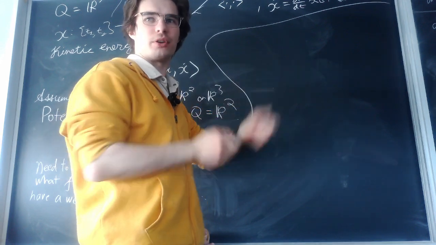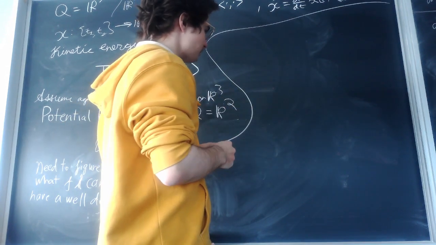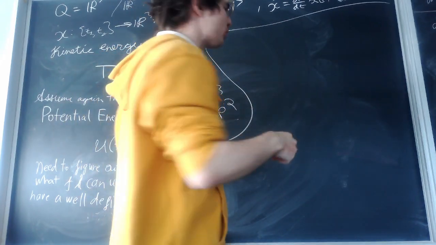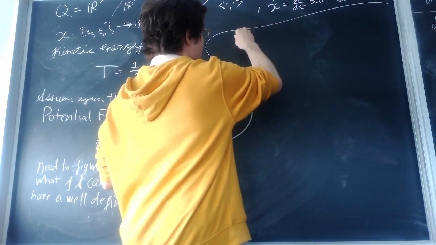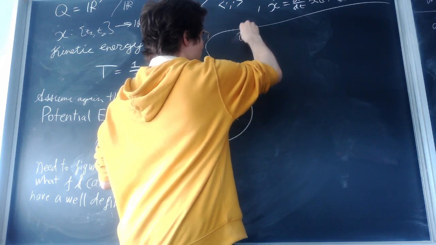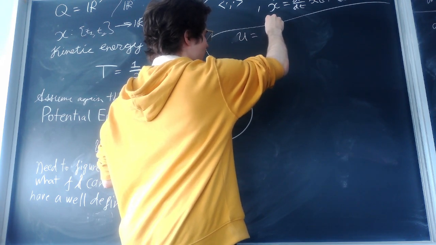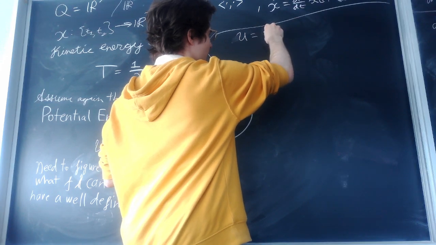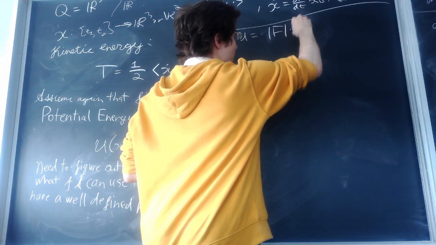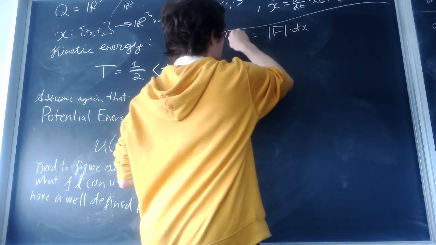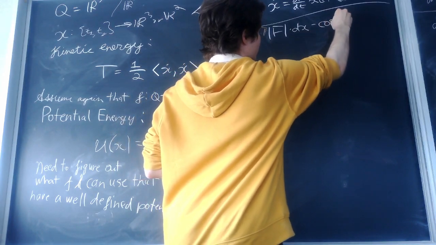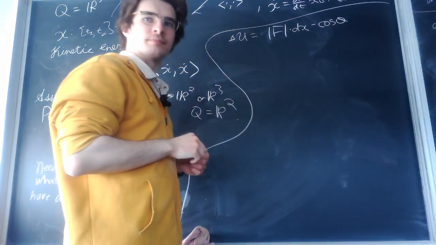The integral is a number, not a vector anymore. And before, in classical mechanics, which you've learned, a little change in U is given as, what did I write before? I wrote F times dx times cos theta, right? Do you agree?